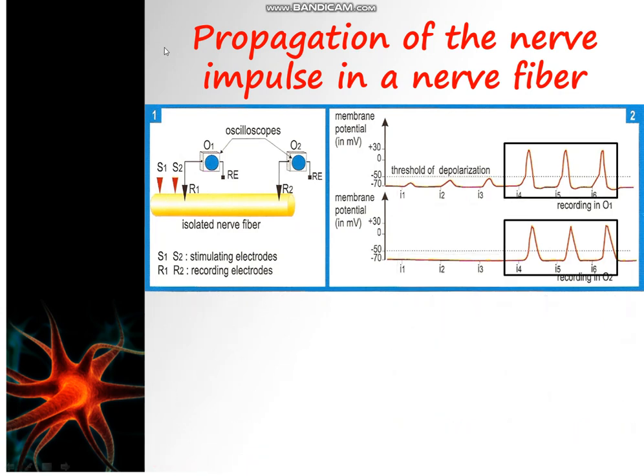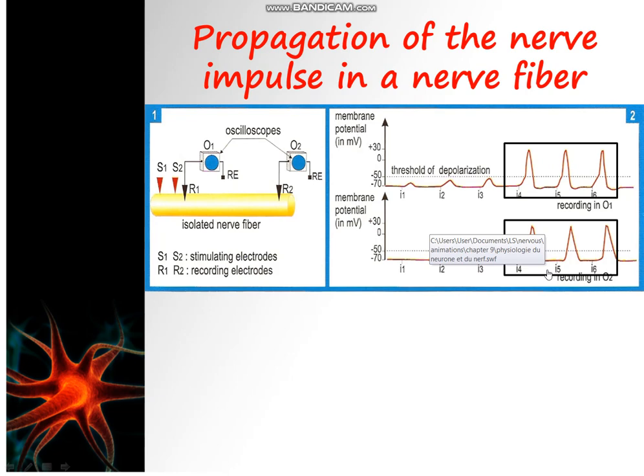Now, if we stimulate the nerve fiber with I4, I5, or I6, we trigger action potentials of amplitude 100 millivolt. And as you see, this action potential can be recorded by R1 or R2. What does this mean?